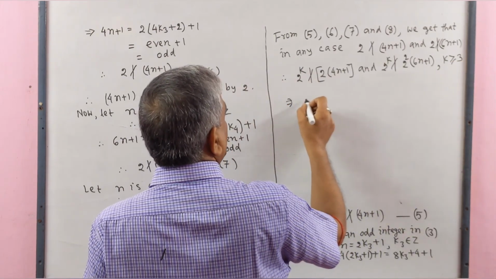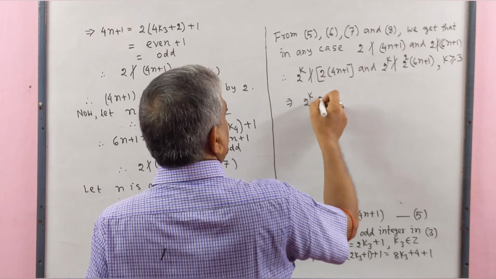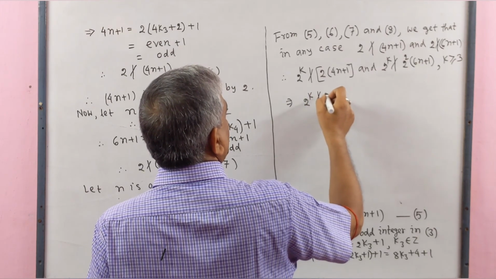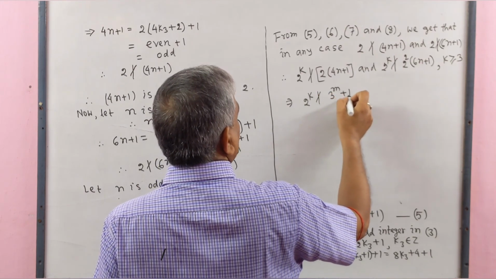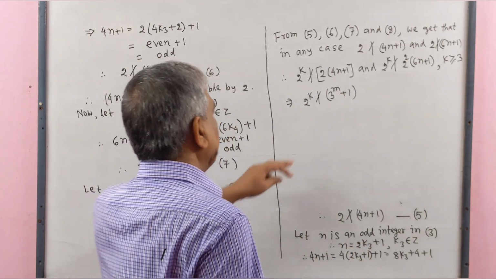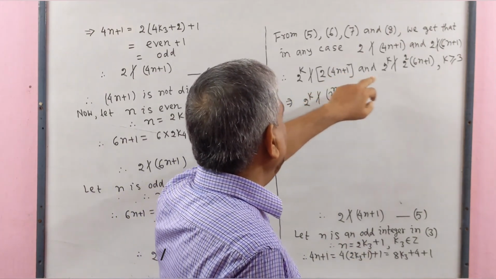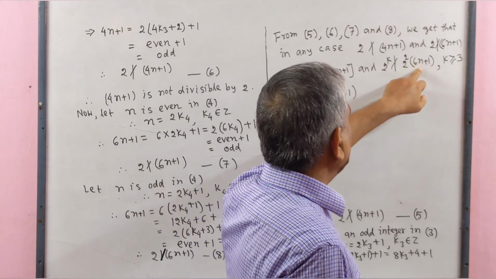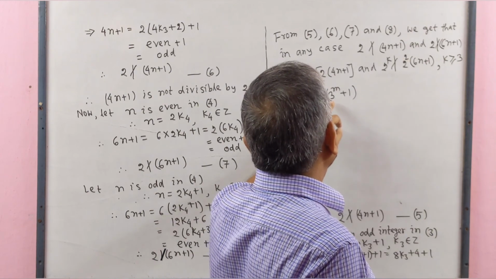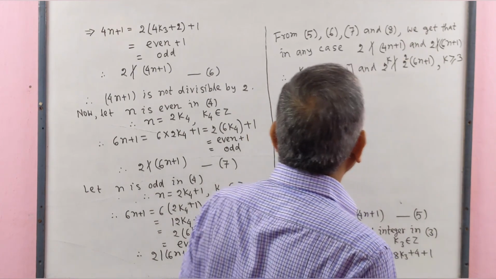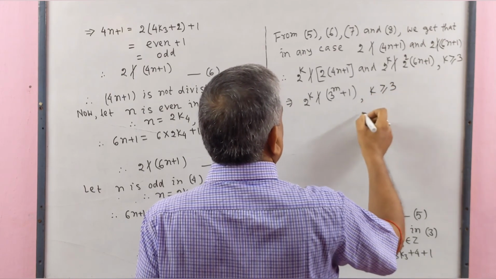This implies that 2 to the power k does not divide 3 to the power m plus 1, since 2 multiplied by (4n plus 1) and 2 square multiplied by (6n plus 1) are the forms of 3 to the power m plus 1, for k greater than or equal to 3. Proved.